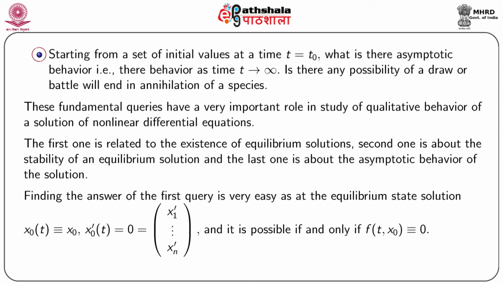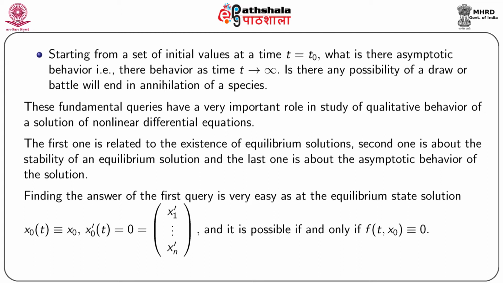Starting from a set of initial values at time t equal to t0, what is their asymptotic behavior? That is, what is their behavior for a long time, as time t tends to infinity? Is there any possibility that both the species will coexist, or is there any possibility that one of the species dies out?